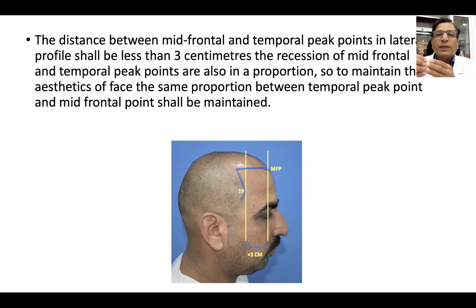If you disturb their proportion, means the ratio of one point to another point, then it will look unaesthetic. So it has been found normally the distance between the midfrontal point and temporal peak point is less than 3 centimeters. If you draw this point much lower, the distance will increase. And if you take TP much posteriorly, the distance will increase and that will not look aesthetic.